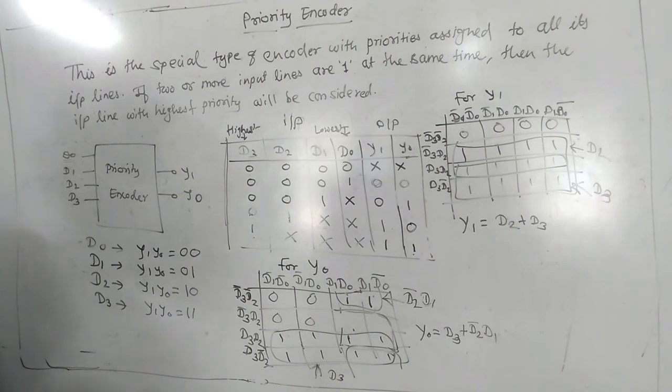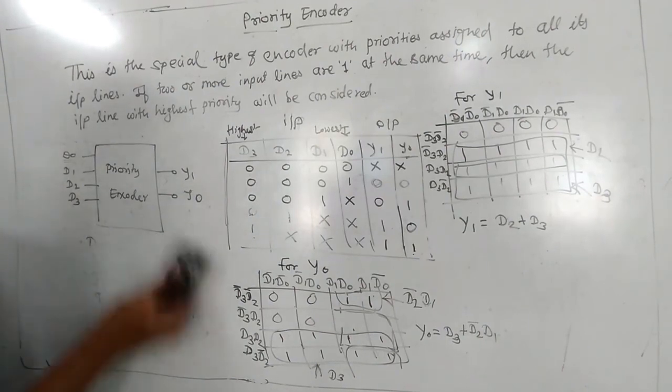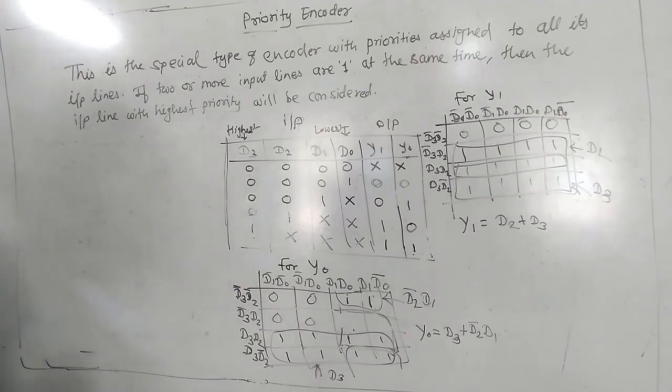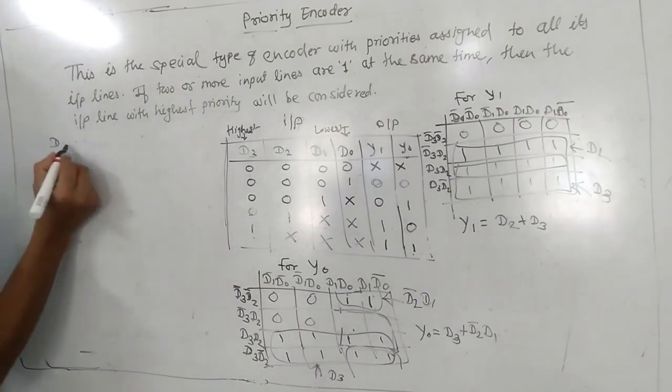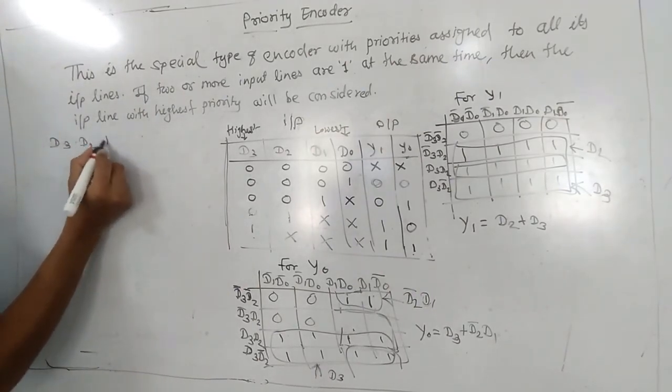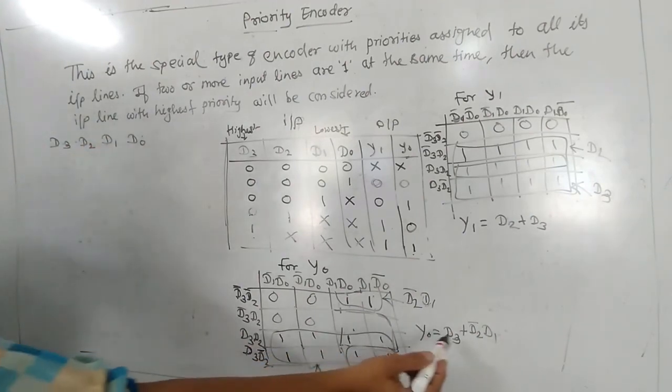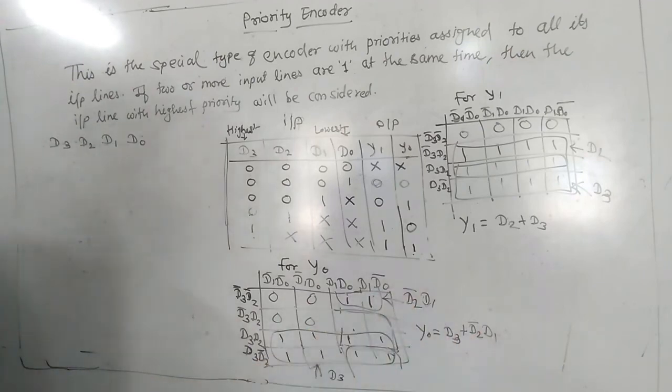Now we have to draw the diagram. Here we have 4 inputs, D3, D2, D1 and D0. But here we require the complement of D2.